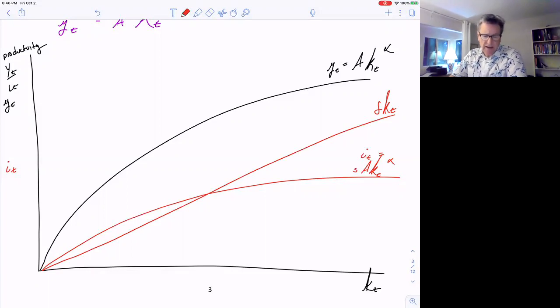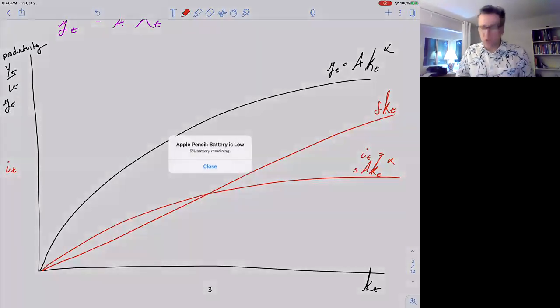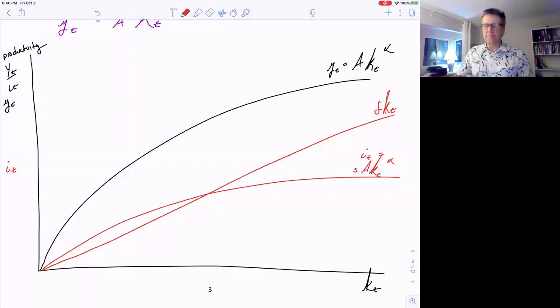Now, a steady state in this model is where the new amount of capital or investment that's being added to the economy is just equal to the amount that wears out. So the people are saving money, it's going into investment. And if that investment increases, the amount of capital is going to be increased.